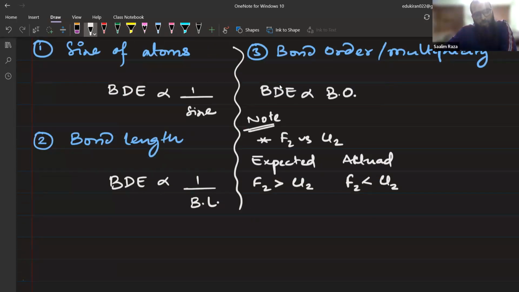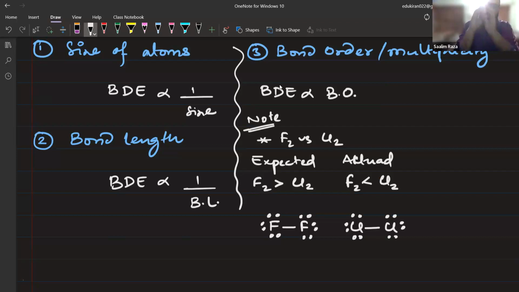The case is this because if you look at fluorine, then fluorine has a single bond. Chlorine also has a single bond. Fluorine has 3 lone pairs of electrons. Chlorine also has 3 lone pairs. Then only it is having 8 electrons in its valence shell. But chlorine has a larger size of atom. So if it is having larger size of atom, it can easily accommodate these lone pair electrons.